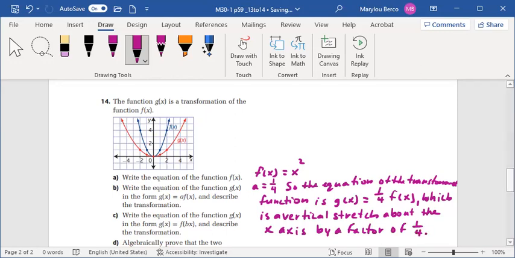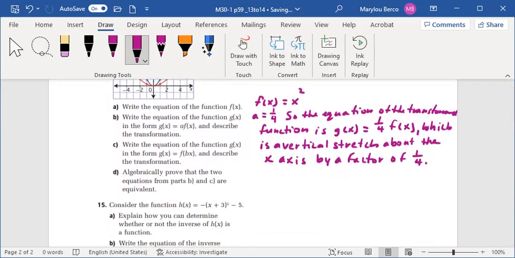Okay, C. Write the equation of the function g of x in the form g of x equals f of b of x and describe the transformation. Okay, so for g of x, I'll put this, here is A, here is B, here is C. So for g of x equals f of b of x, determine the pattern in the x-coordinates of corresponding points.